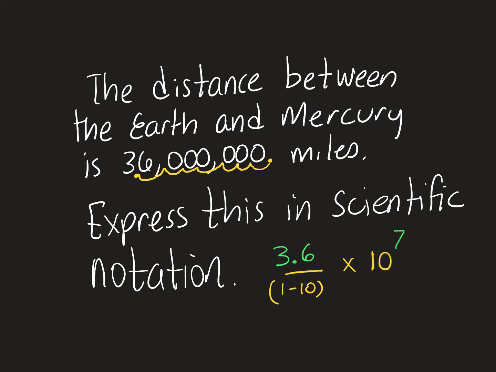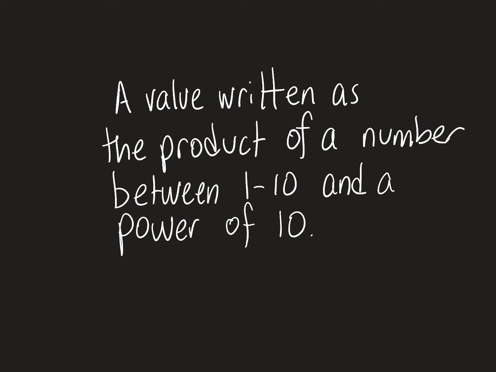Let's look at more examples. A value written as the product of a number between 1 and 10 and a power of 10 is in scientific notation. Suppose we had 3.7 times 10 to the 4th. You want to use that power to know how to change it back into a number.